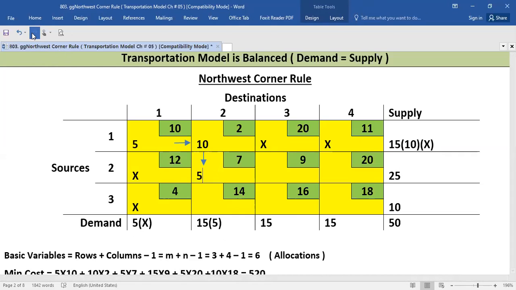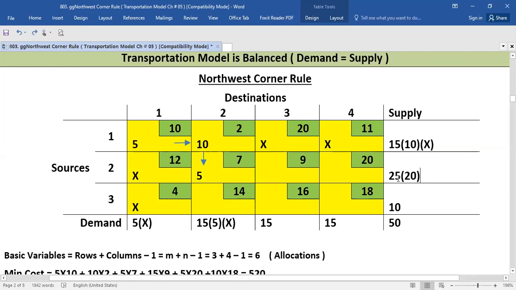Yes, 5 here, and nothing is left. 5 has gone to this cell, nothing is left, so you will put cross sign in front of 5, and also you will put 20 in front of 25, as 5 supply has been distributed to this cell. Here you have received 5 demand and you have distributed 5 supply to this cell.